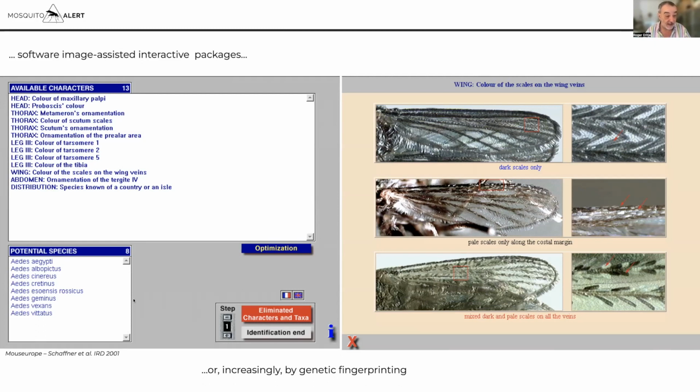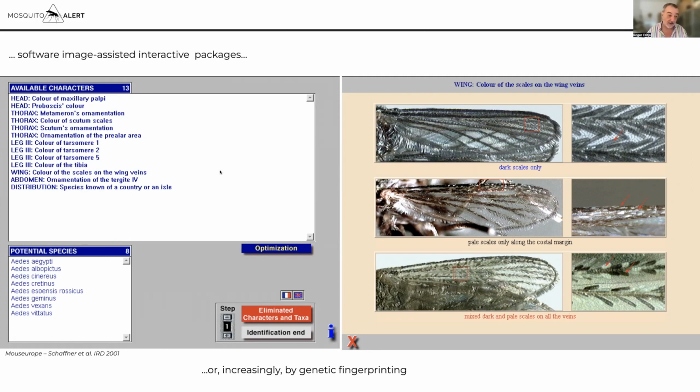At any time you can get back if you see you have not made a good choice, and at any time you can see the potential species remaining here. Every time you check a given character, you get pictures of the different options on your screen. That's quite nice because you have real examples and you can get back at any time.